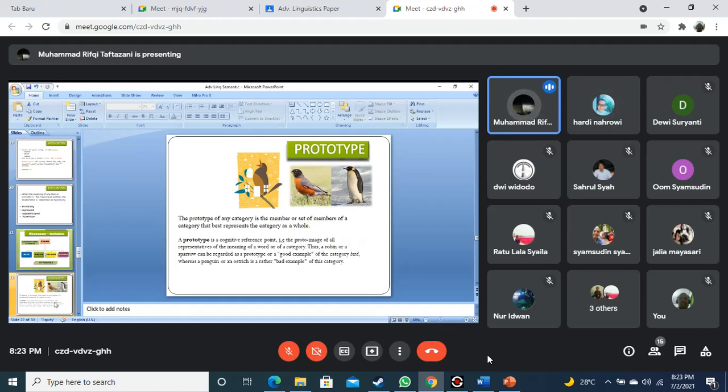So prototype itu mungkin simpelnya kalau kita mengatakan misalkan bird, ya, bird berarti langsung teringat dalam pikiran kita itu adalah burung gagak, burung gereja gitu kan, atau we can call here sparrow ya, sparrow burung gereja itu bagian dari bird ya, maksudnya jenis dari burung gitu kan.